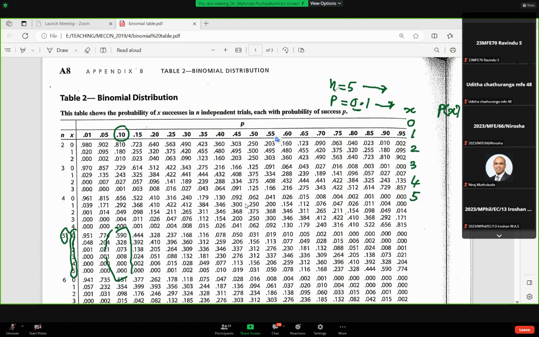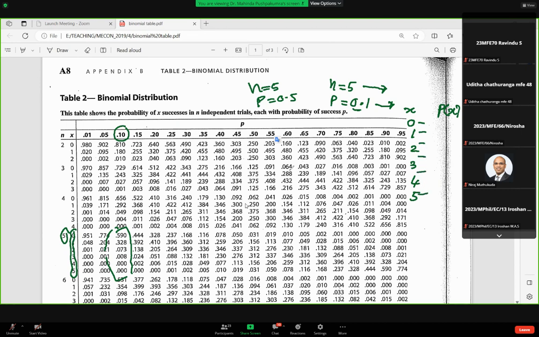Let's say another example. You toss a coin 5 times. P is 0.5. What is the probability that you get 0 heads, 1 head, 2 heads, 3 heads, 4 heads, and 5 heads?